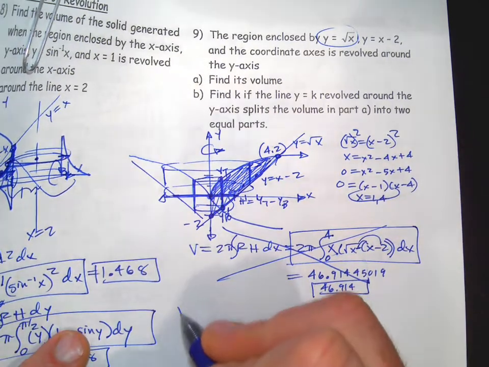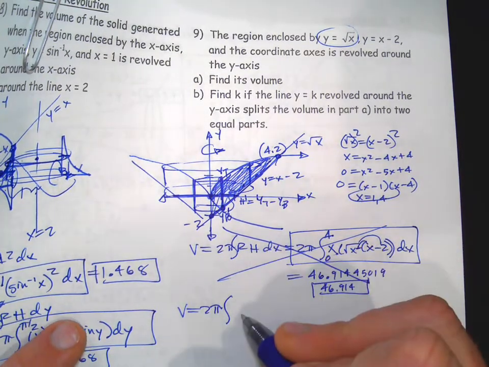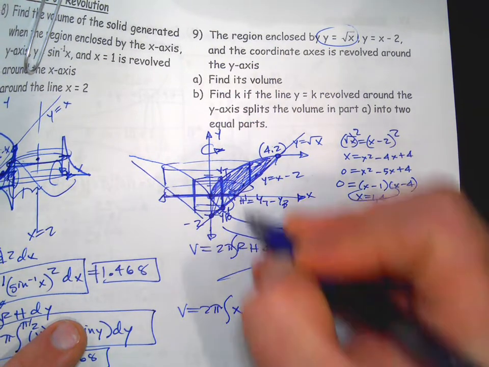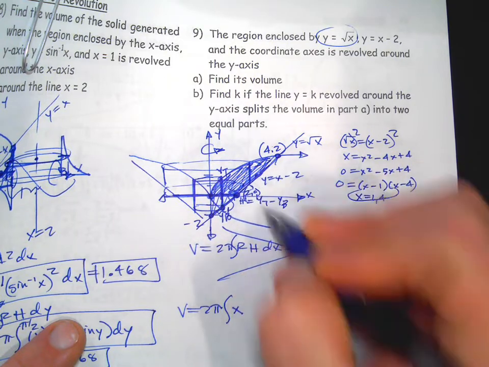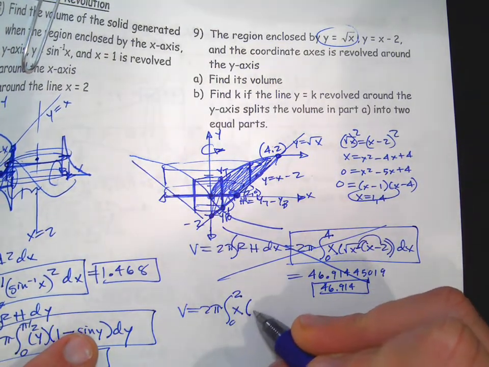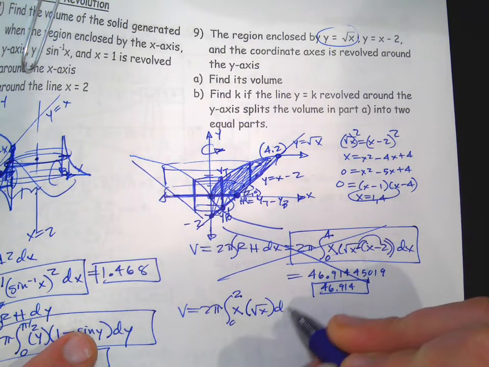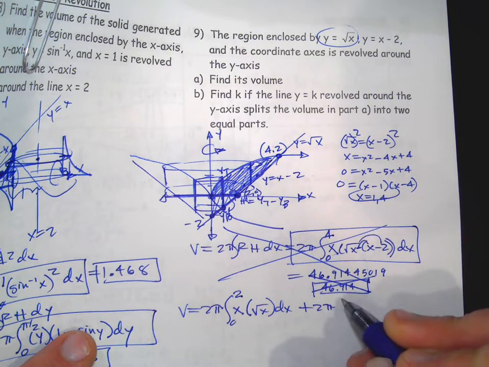So the volume would be 2 pi. The radius is just x, but we're going to go to this x-intercept, which is 2. So we're going to go 0 to 2. And the height of the shell is just the square root of x. And then we're going to go 2 to 4.